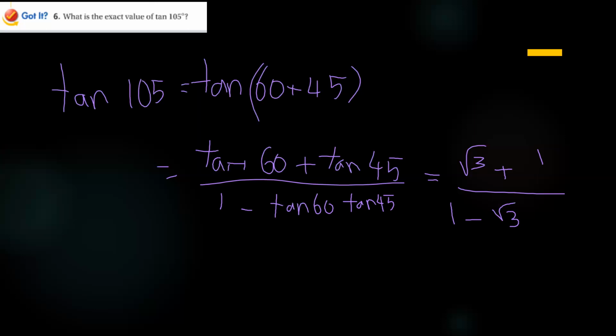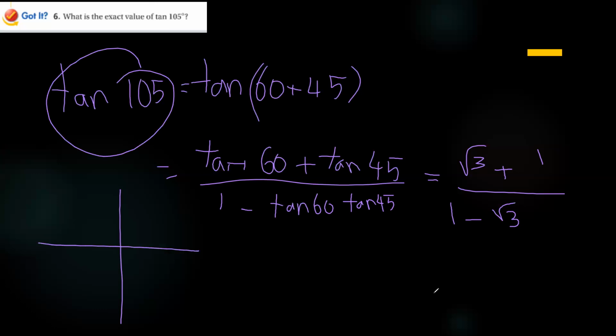Here it depends on the angles. Sometimes the cosine will be positive and sometimes negative. Take tan 105 as an example. Where is 105? It is here, and the tan must be negative.